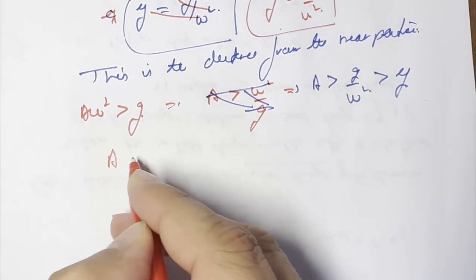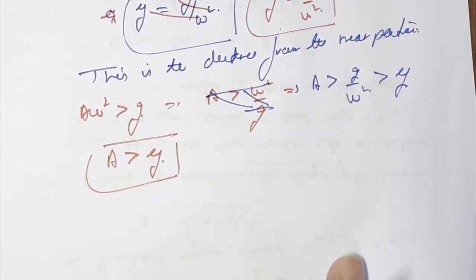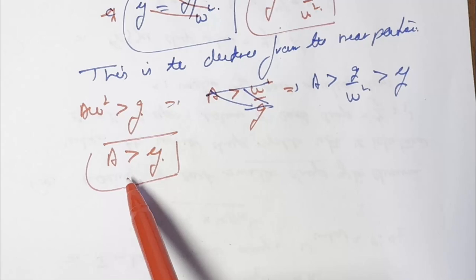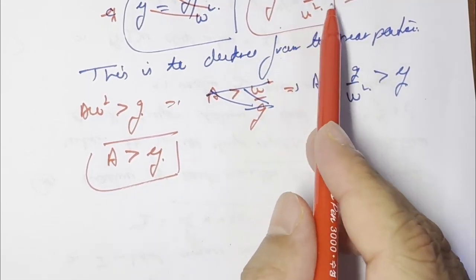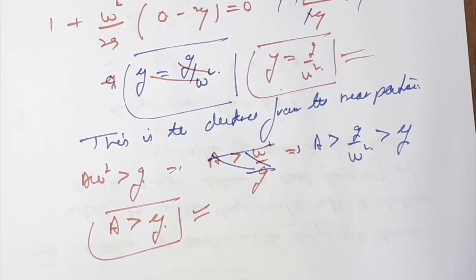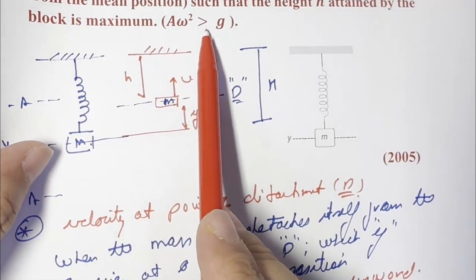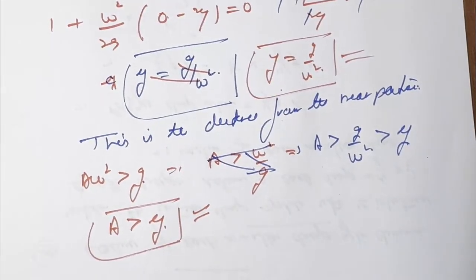So the amplitude is greater than the point of detachment. This is the only condition to make sure that the point of detachment is within the maximum and minimum amplitude, where a is the amplitude of motion. So that's the only reason for giving the condition that a omega square is greater than g. So this completes the question. Thank you.